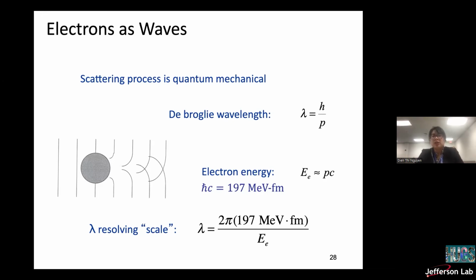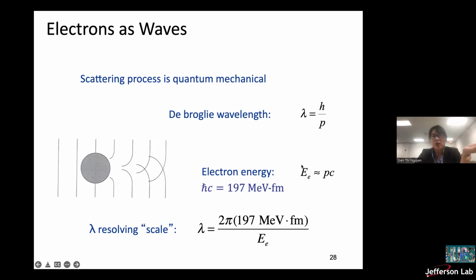When we talk about a wave, we have a wavelength. We have the electron energy, E_e, and then you can calculate the wavelength. We mentioned it very early in the lecture too. So you can think about both the electron as a particle and the wavelength of that electron.